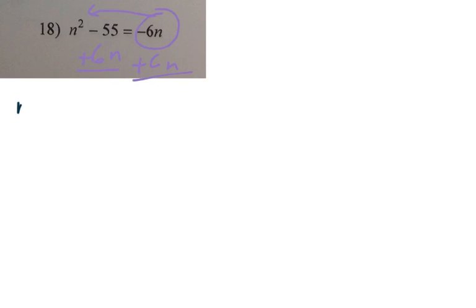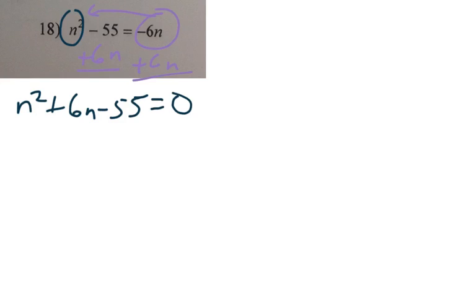And so now I have n squared plus 6n minus 55 equal to 0. Again, I did 6n minus 6n, I got 0, right? So now what? Well, let's now get rid of this minus 55 with a plus 55.